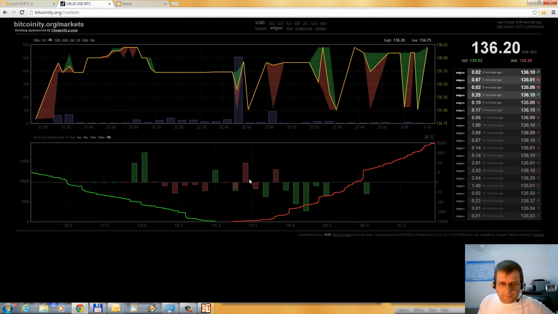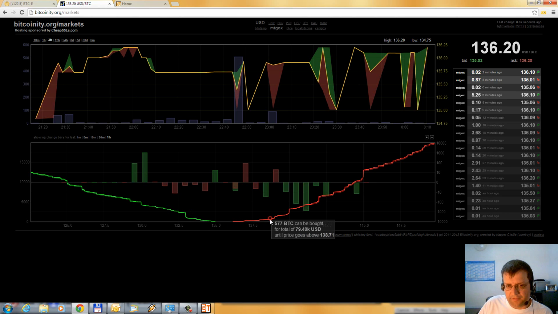So you have this gap here, and to the left of this gap there are these bids, and to the right of this gap there are the asks.